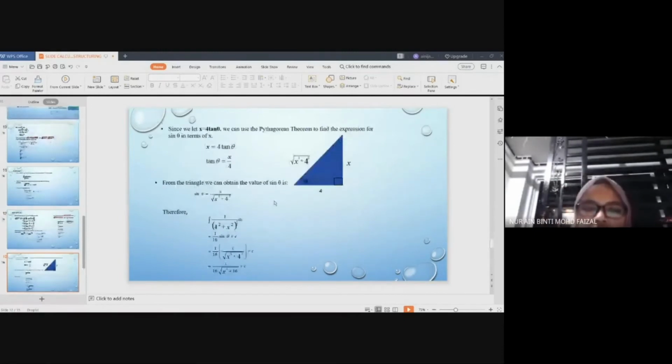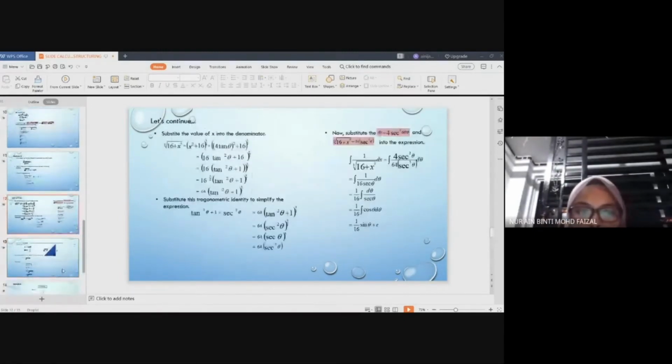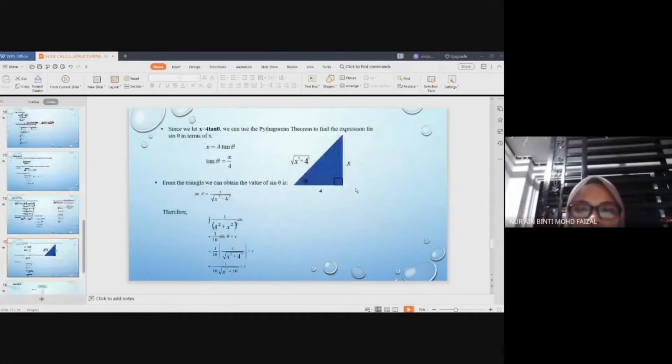Okay, then after we get the integral, we can transfer it into the right angle triangle. Since we let x equal to 4 tangent theta, we can use the Pythagorean theorem. As we know, tangent is opposite over adjacent, so tangent theta is x over 4.